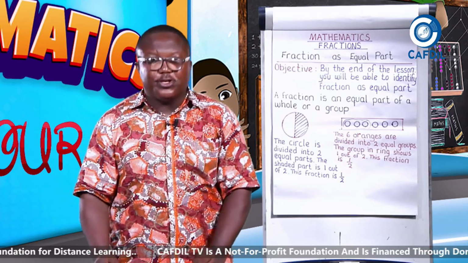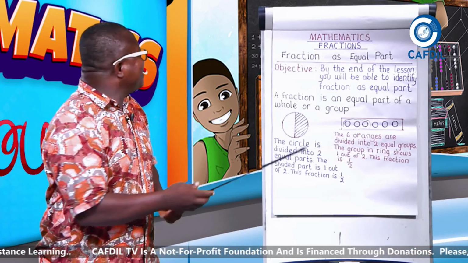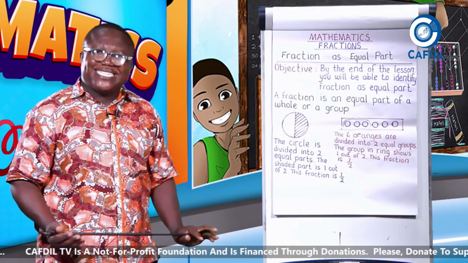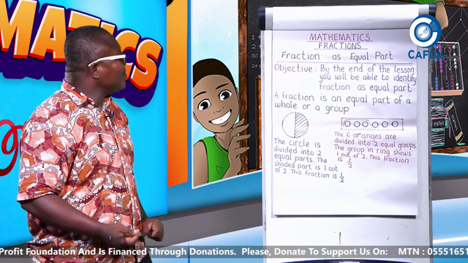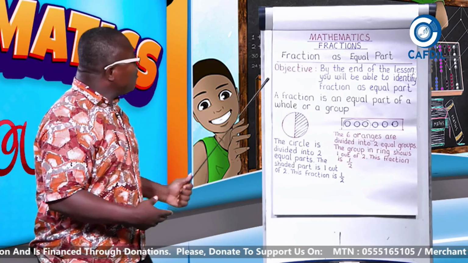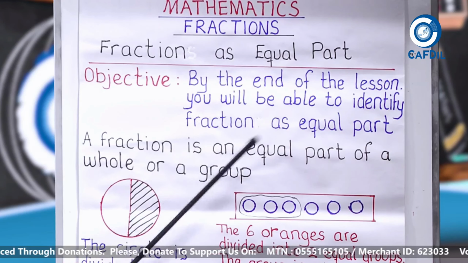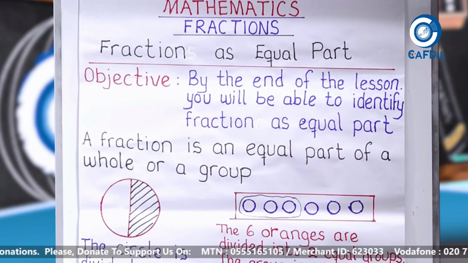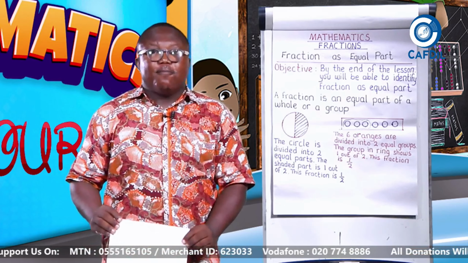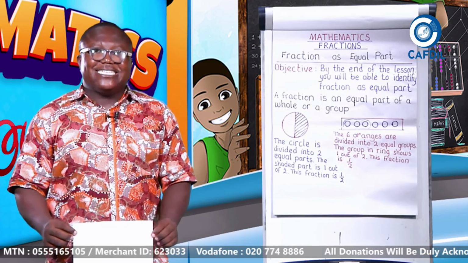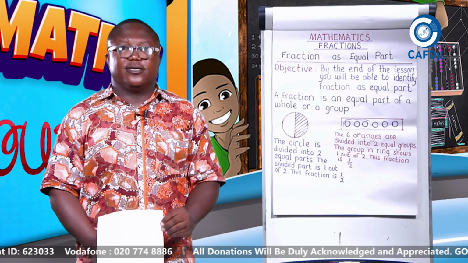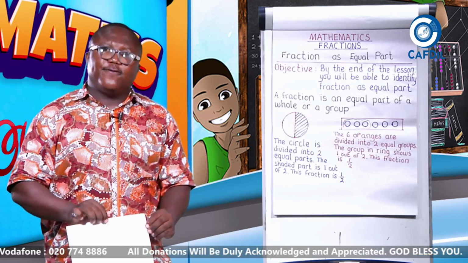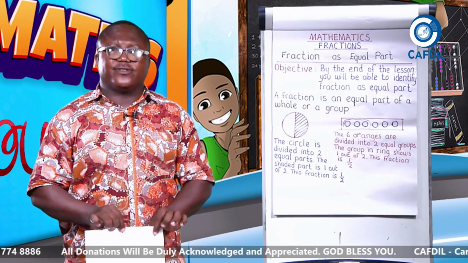Good. So today, in our mathematics, we are looking at fractions. And under this fraction, we want to look at fraction as equal parts. You see, at the earlier stage, we had this one full sheet of paper. We divided the full sheet of paper into two equal halves.